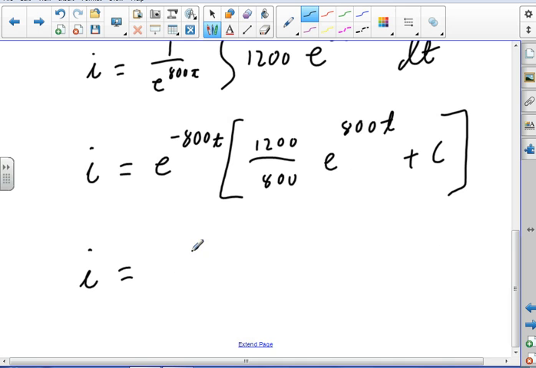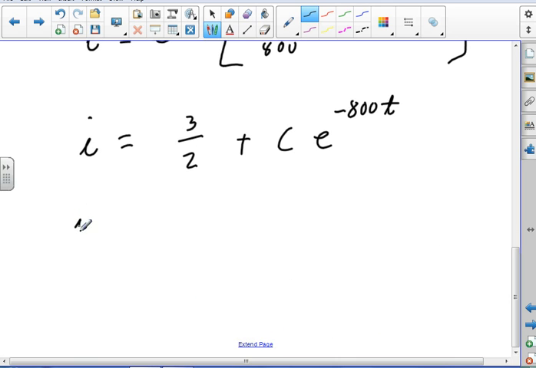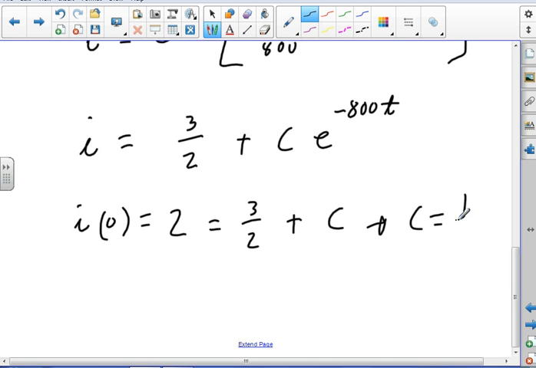I is equal to, that's 3 over 2, right? 3 over 2 plus c e to the minus 800t. And when I at 0 is 2, which is 3 over 2 plus c, and that's a 1, implying that c is 1/2.